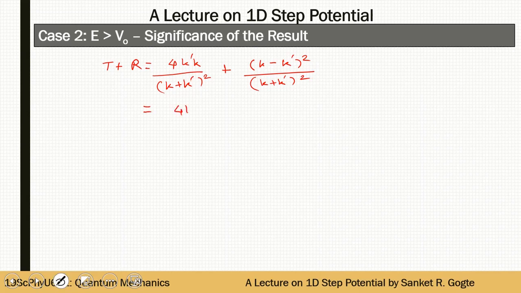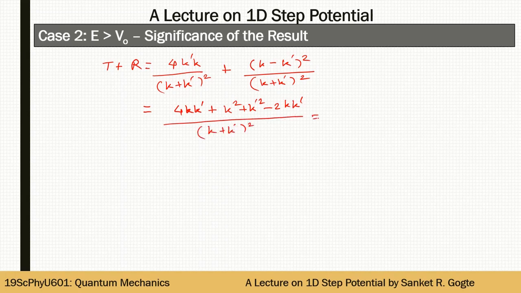This is equal to 4k k prime, they happen to have the same denominator, so I can simply add them, plus k square plus k prime square minus 2k into k prime, divided by k plus k prime whole square. You can verify the numerator is also k plus k prime whole square, because 4k k prime and minus 2k k prime will add to 2k k prime, and that is simply k plus k prime square. So this is equal to 1.